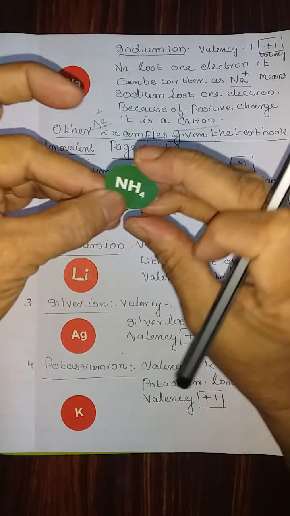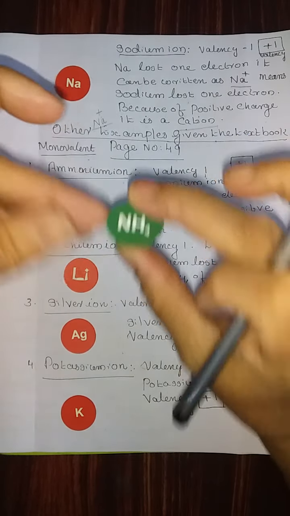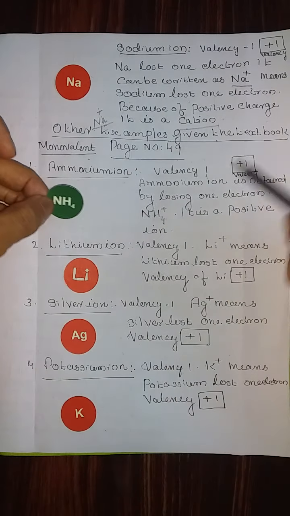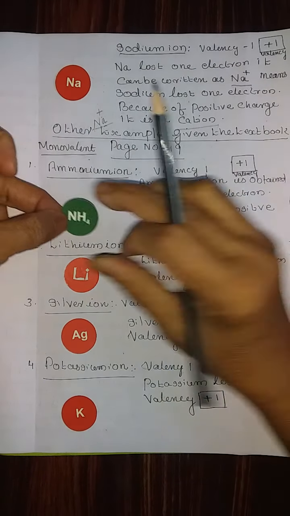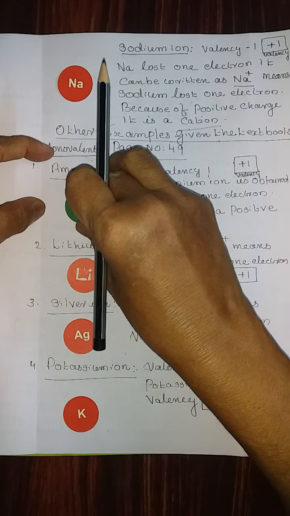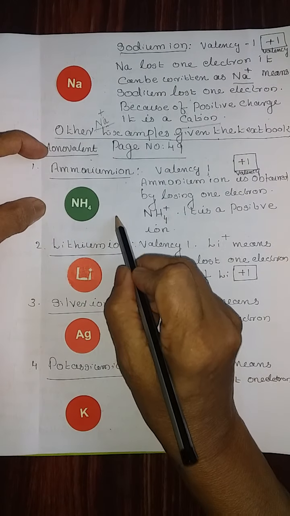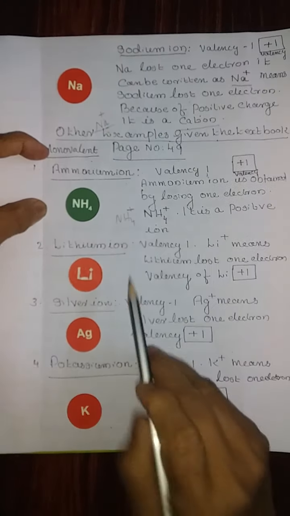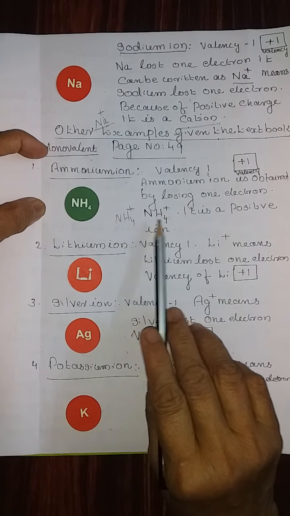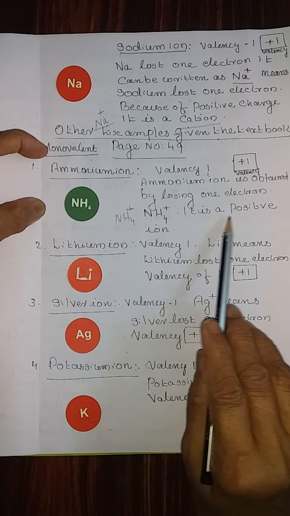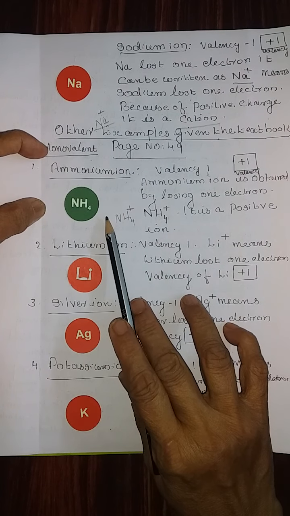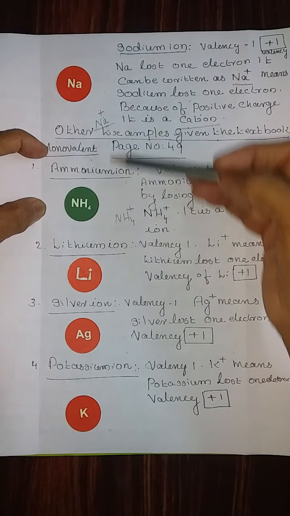This group of atoms, which is known as a radical, can lose only 1 electron. Therefore, NH4 can be written as NH4 plus. That means it can lose only 1 electron and it is a positive ion. For the examination, normally this radical is different from all the others.